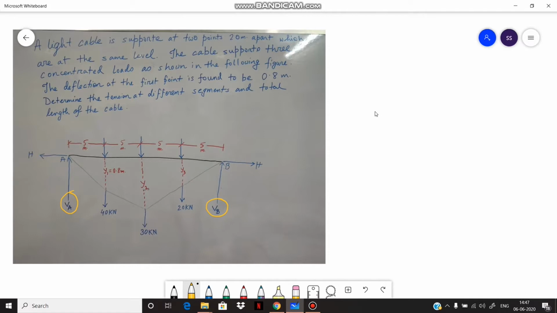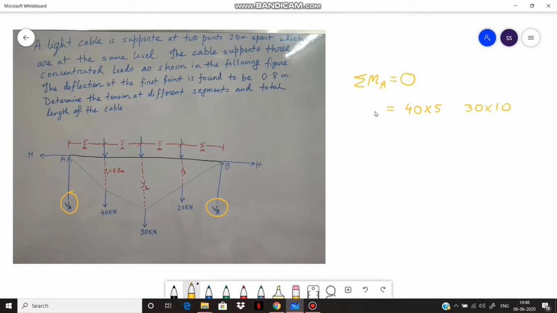So to do so, taking moment about point A, we have the total summation of the moment is 0. So about point A, we have the moments, and those are 40 multiplied by 5, then 30 multiplied by 10.